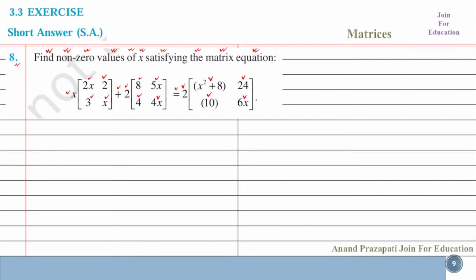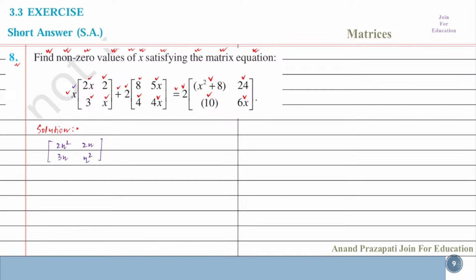This is a very easy question. Each element of this matrix is multiplied by x, then we get 2x square, 2x, 3x, and x square.